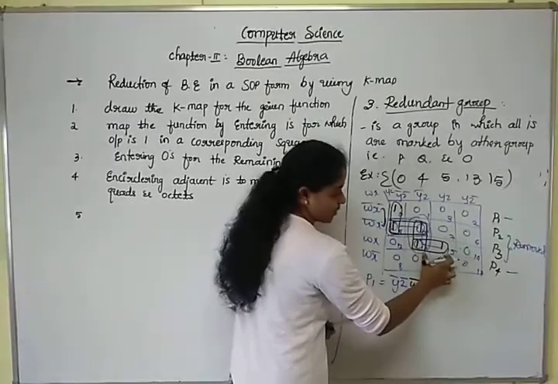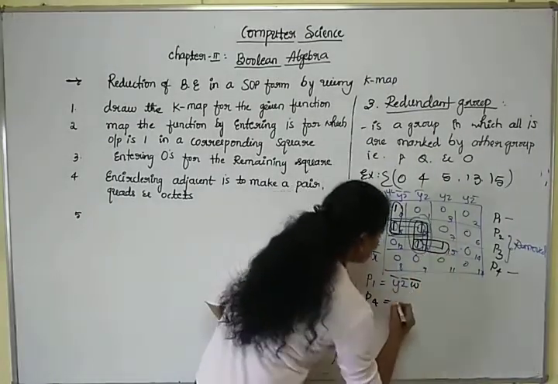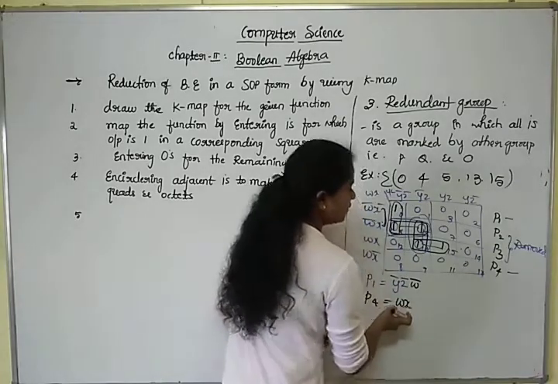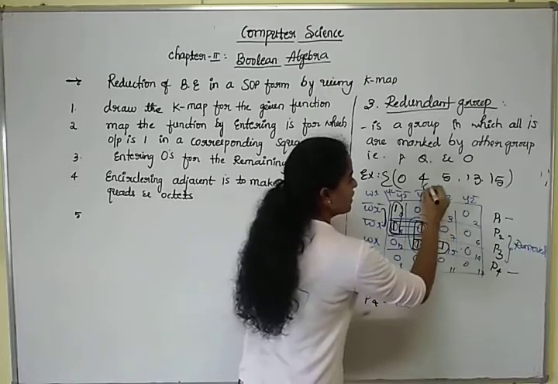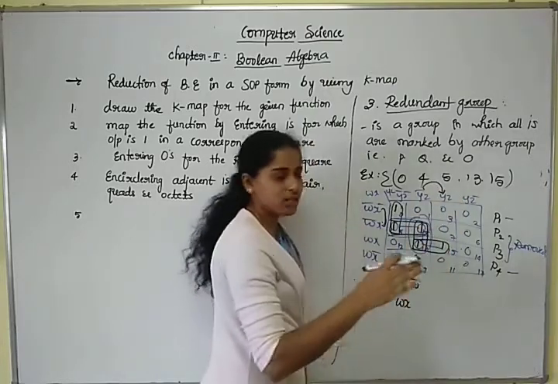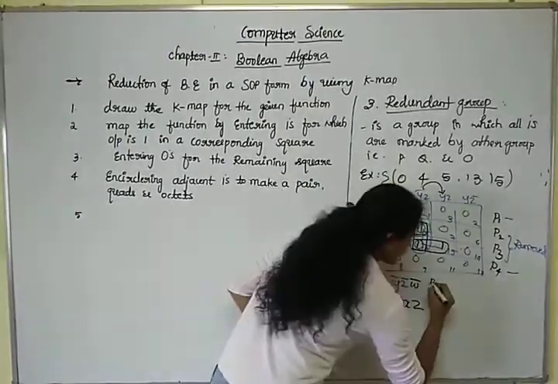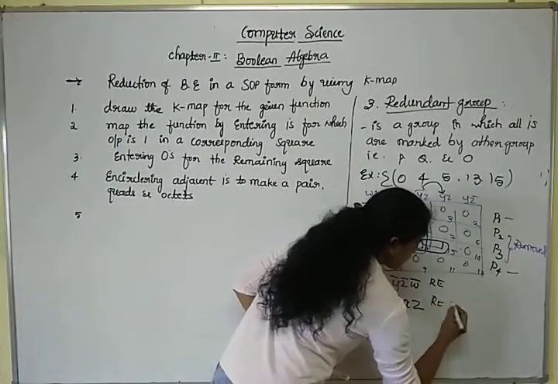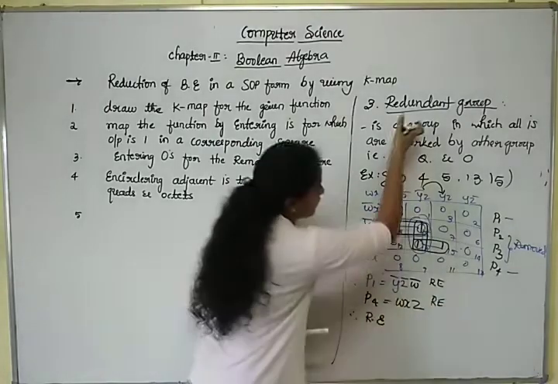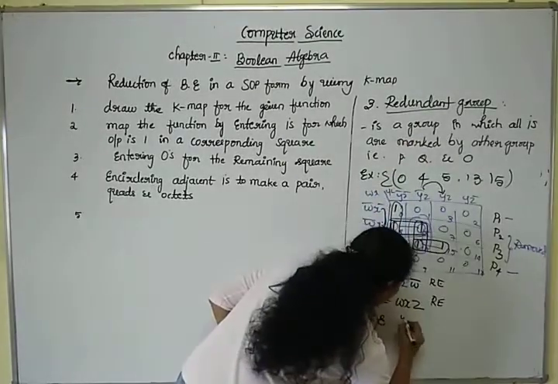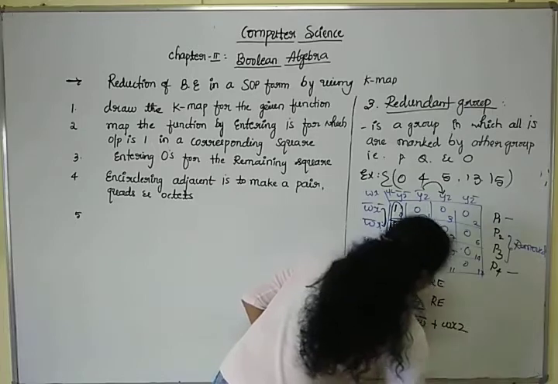Similarly, the reduced expression for pair 4: here w, x are common. Here the y bar z into y z, the y changes its state, so y is removed. Only we got z. So this is the reduced expression for pair 1 and this is the reduced expression for pair 4. Therefore, the reduced expression for this given function is y bar, z bar, w bar plus w, x and z.